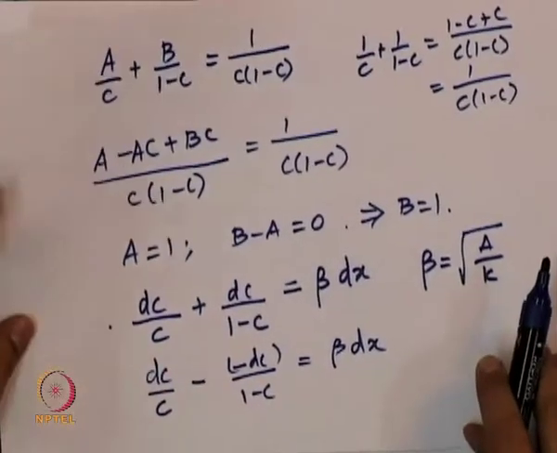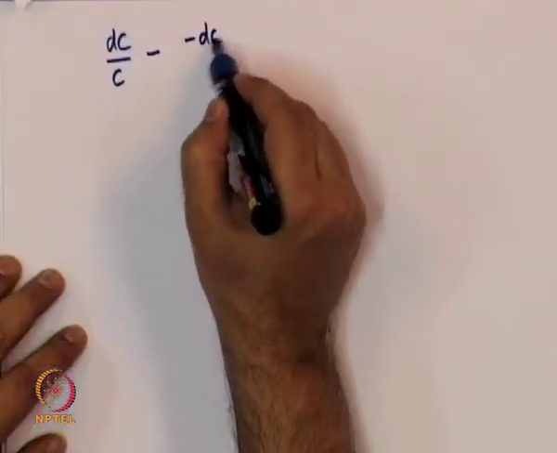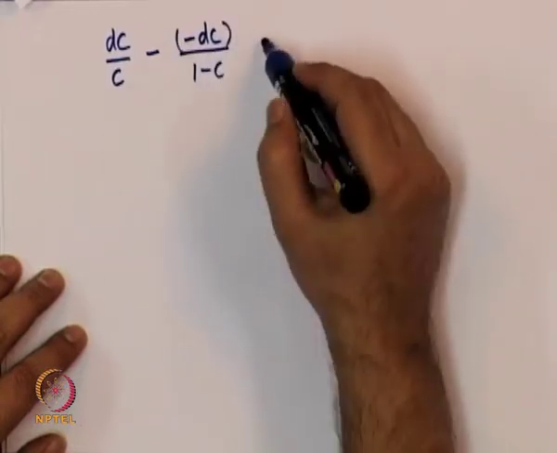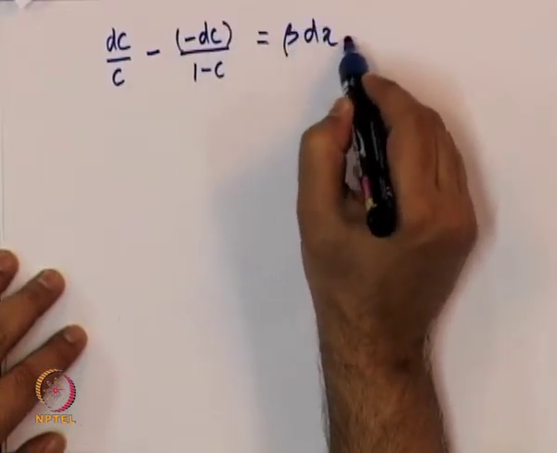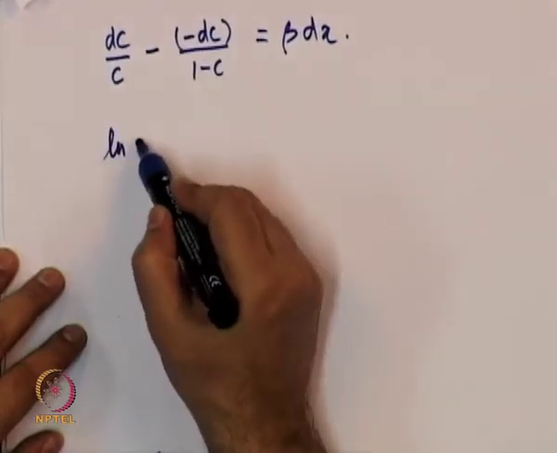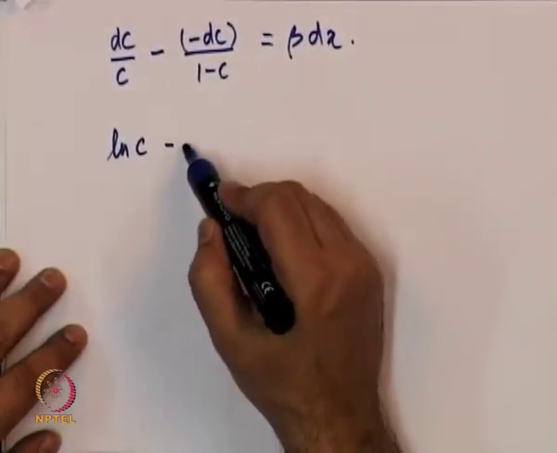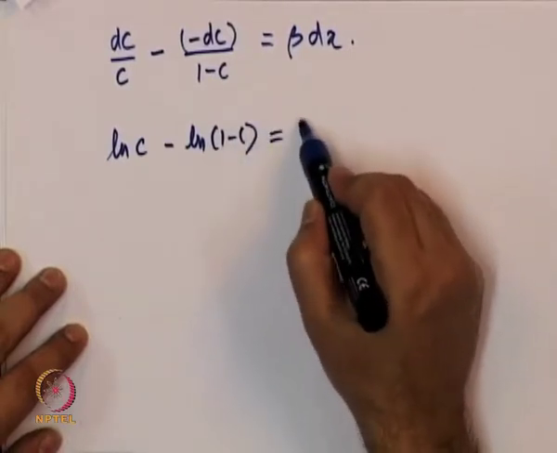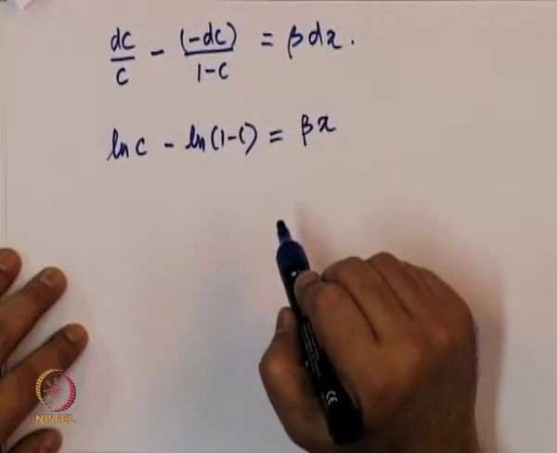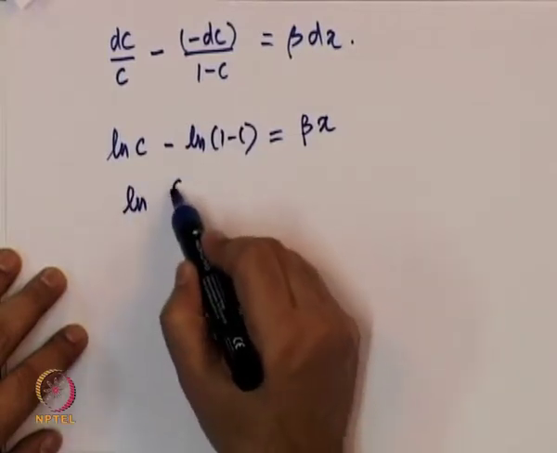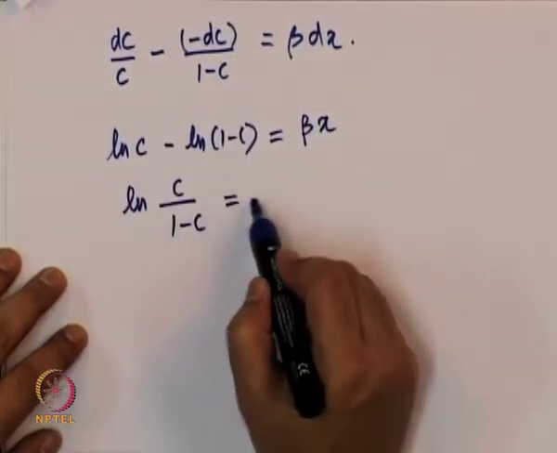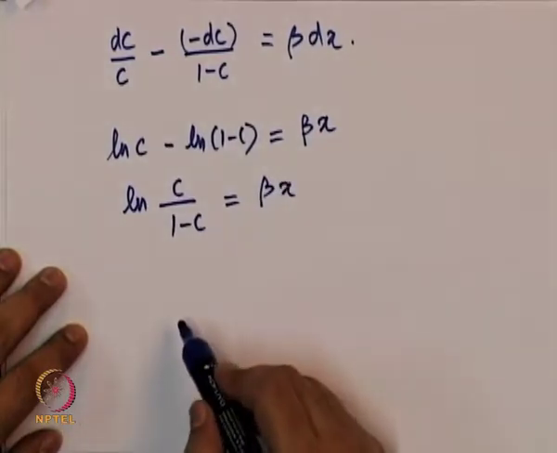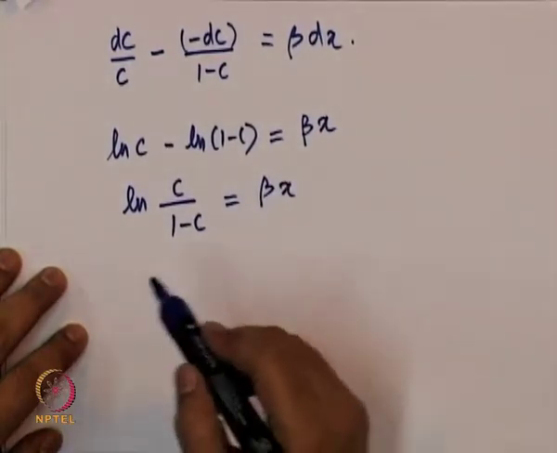So, let us integrate. We have dc by c minus dc by 1 minus c equal to beta dx. So, logarithm of c minus logarithm of 1 minus c is equal to beta x. So, logarithm of c by 1 minus c equal to beta x. Okay.